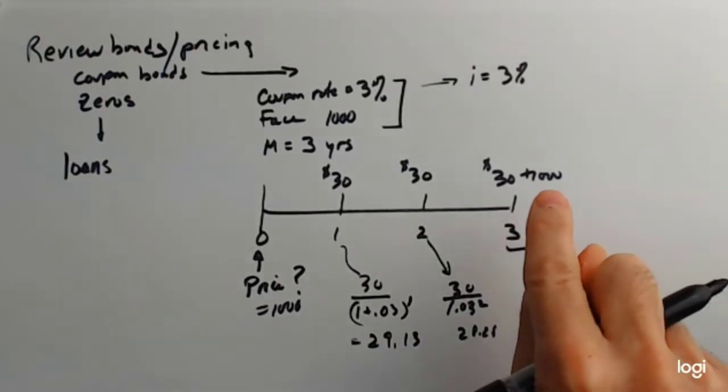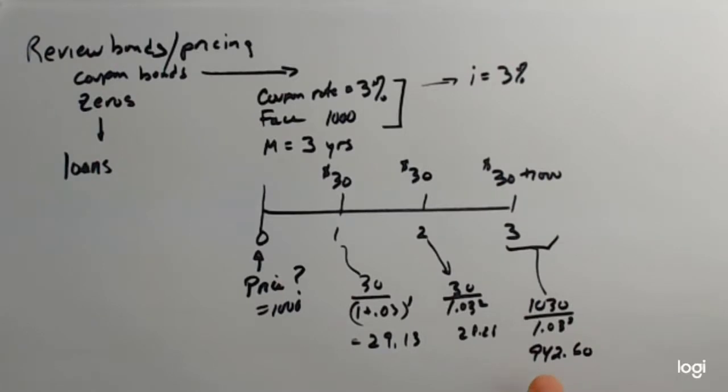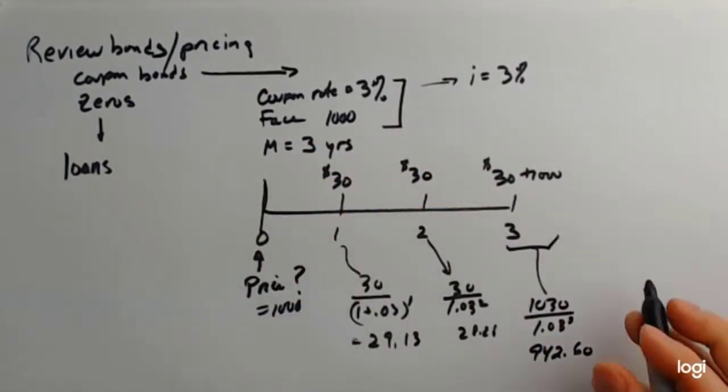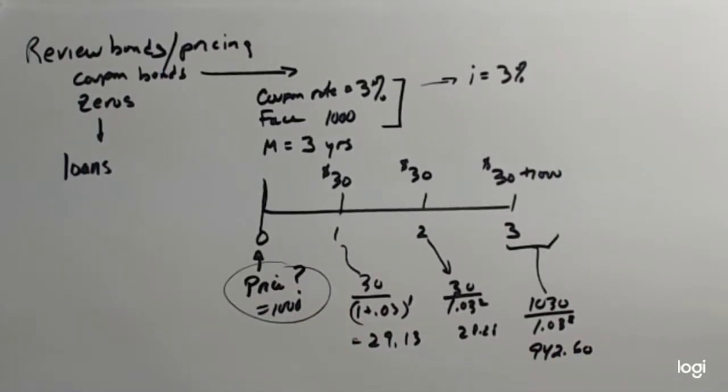And so if I'm going to get $1,030 in 3 years, what's it worth today? It's worth $942.60, because if I invest $942.60 right now, for 3 years at 3%, I'll end up with $1,030. So the price of the bond is the present value of its future cash flows. That's the cornerstone of finance.